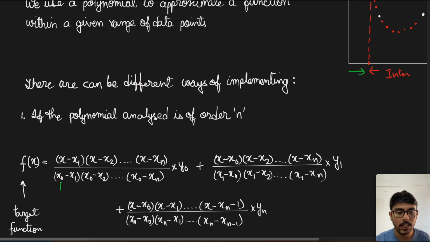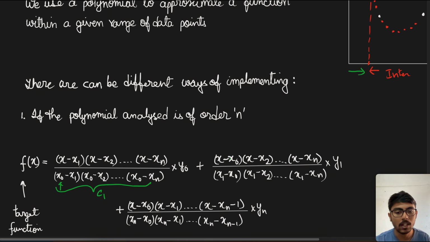In the denominator, x0, y0 is the first point that we are given in the question, so this is x0 minus x1. Of course, there will be no x0 minus x0, otherwise it will turn 0 in the denominator, and so on up till here. This is going to be the coefficient for the first term, multiplied with the output y0.